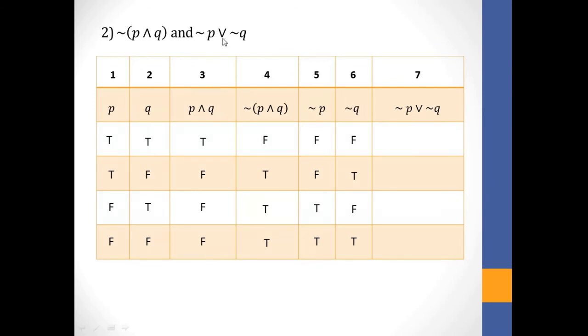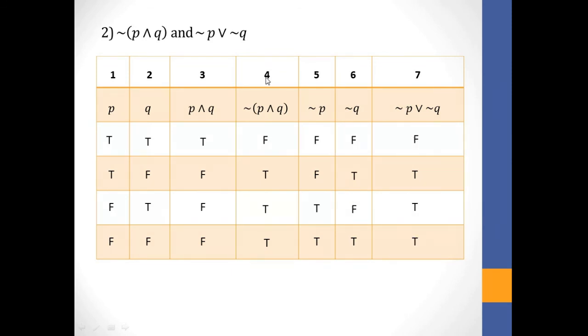Now as per this statement pattern we require negation P or negation Q, column number 7. So see here, F or F, disjunction, F or F is F, F or T is T, T or F is also T, and T or T is T. Now see the entries in this column.